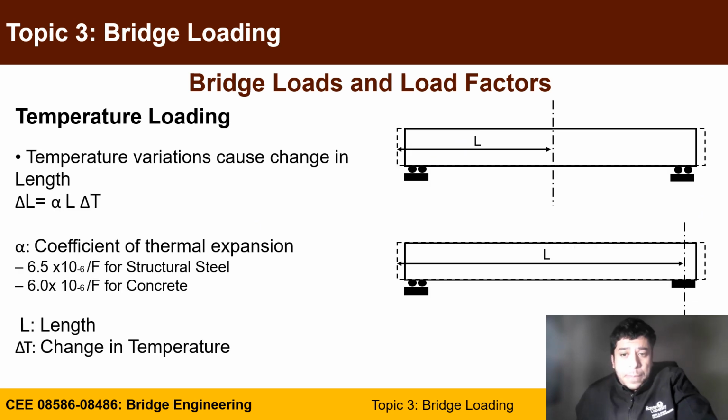So let's say equation here. Let's say you have a bridge with sliders on the left side and right side. Your center of movement will be the middle of your girder if it's a symmetric girder.